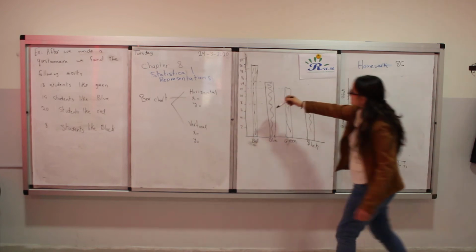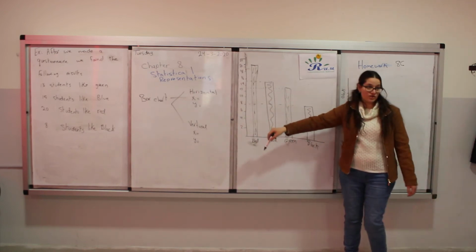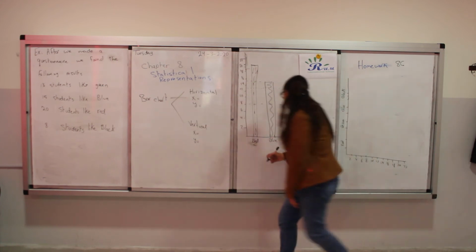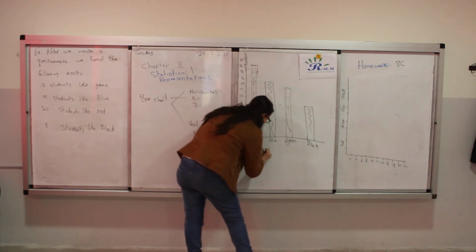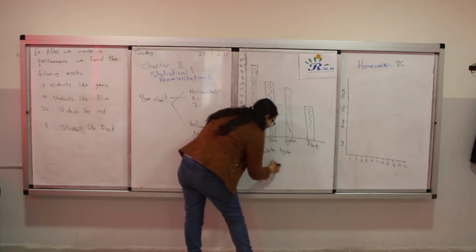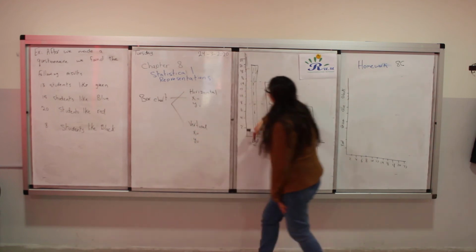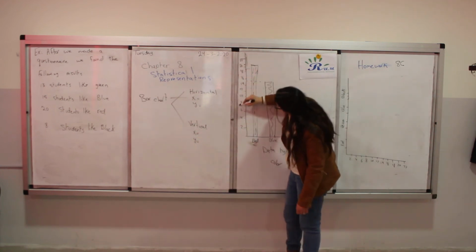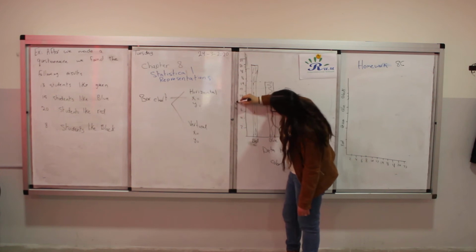As you can see, this is the vertical bar chart. So my x-axis represents what? The data type, which is the color. And my vertical axis, or the y-axis, represents the number of students who like this color.